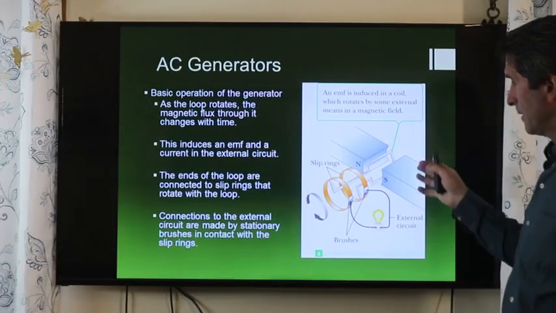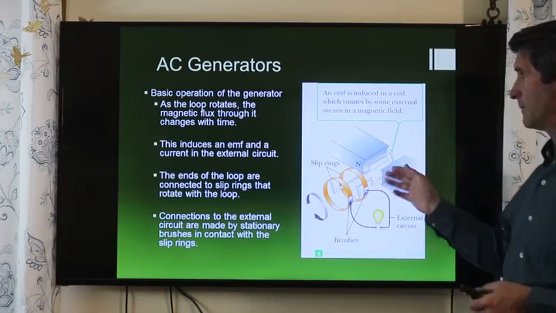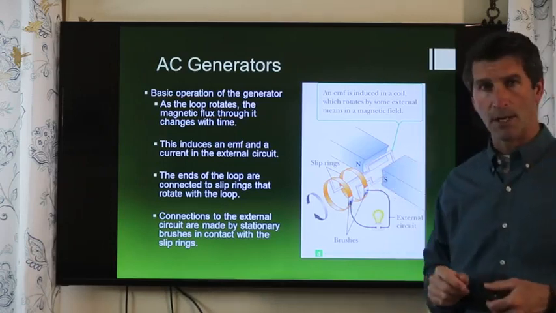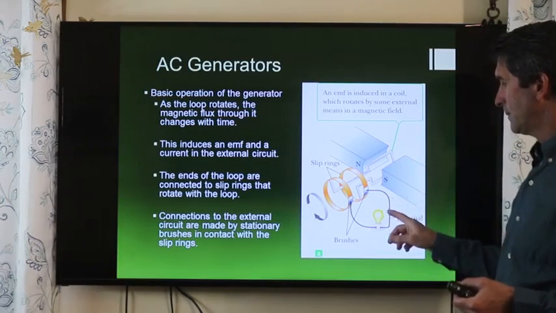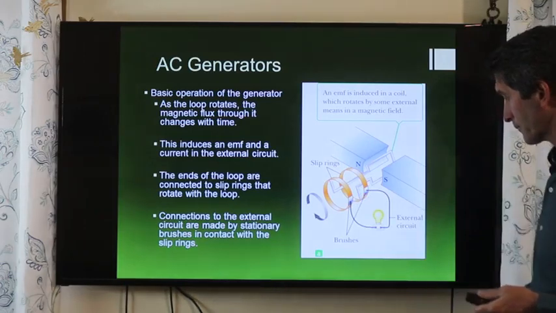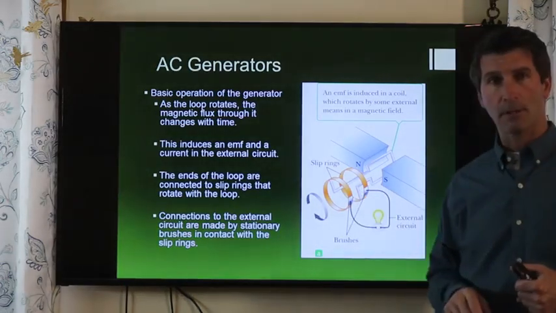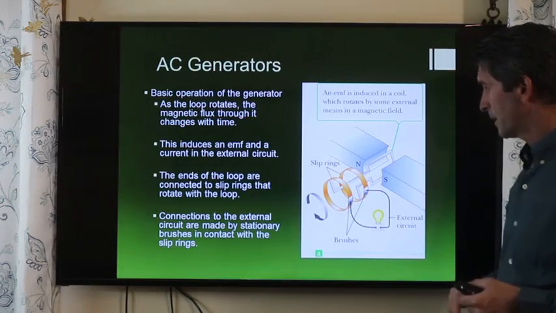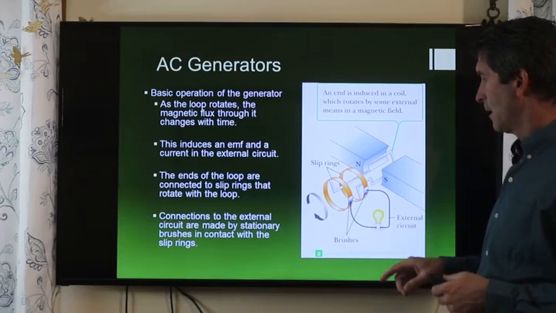Here we have our typical AC generator, and again, this is very similar to our AC motor. It's almost identical. We transfer the current onto the rotating loop using these brushes. The brushes are in contact with these slip rings, and again, we have to have some mechanical source of energy.